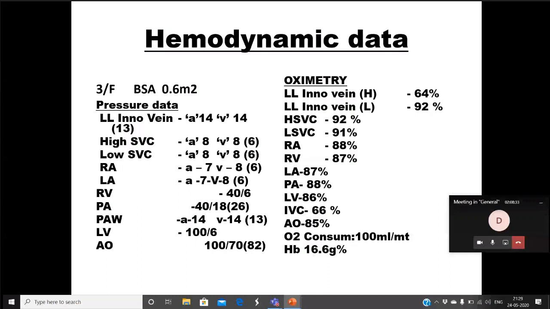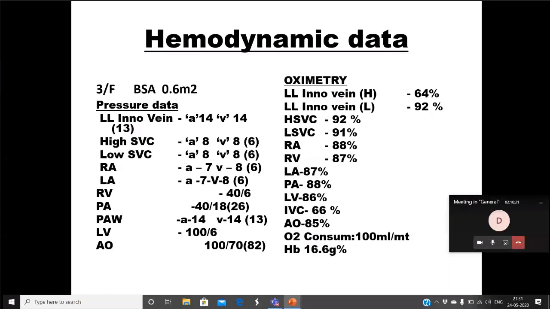Not the whole blood, but preferentially. So the blood going to the left atrium will be slightly more from the inferior vena cava, and the blood flowing to the right ventricle will be preferentially more from the superior vena cava. So oxygen saturation in the right ventricle can be slightly more than that of the left ventricle, and that is why the pulmonary artery has a higher oxygen saturation.